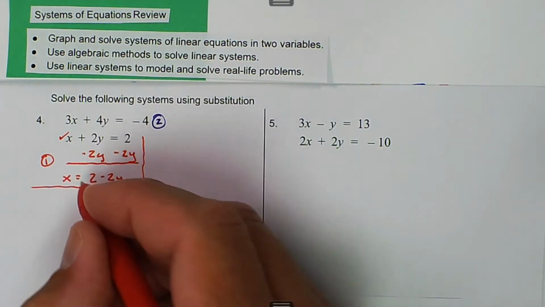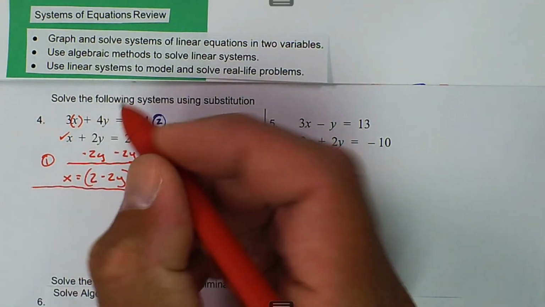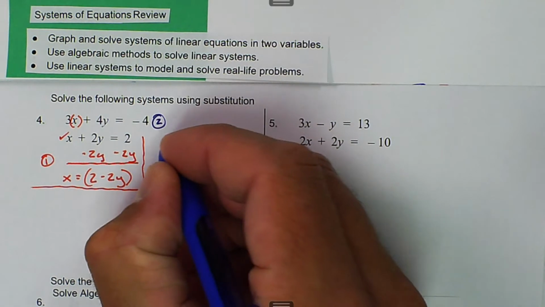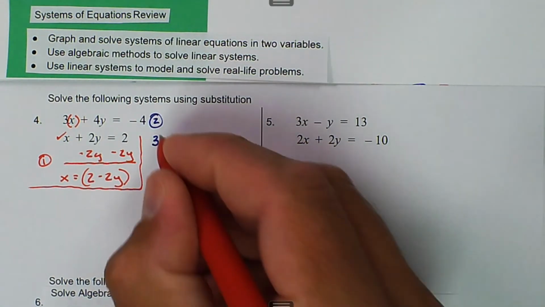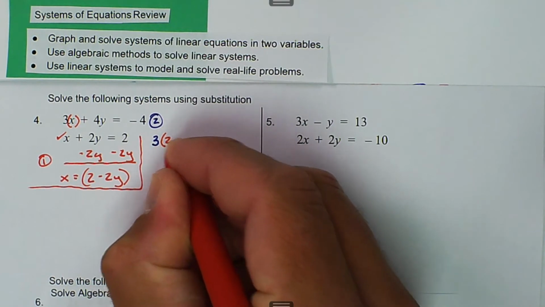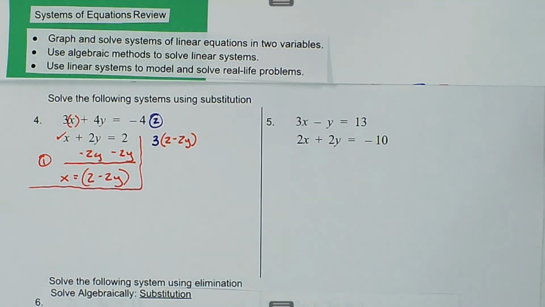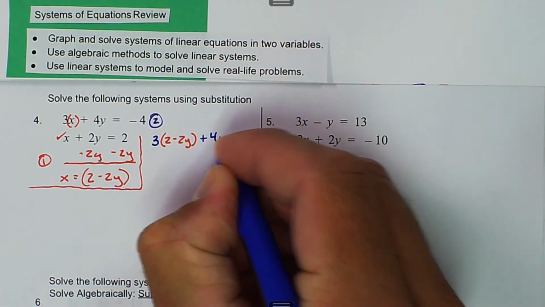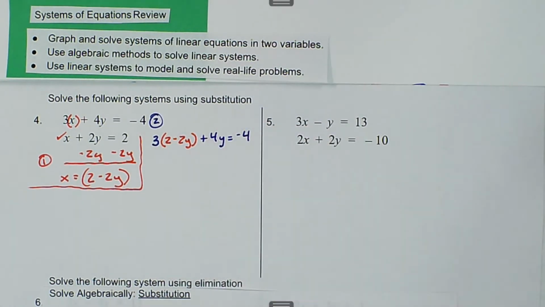So I'm going to take this 2 minus 2y, and I'm going to substitute it in for x. So 3, and now I'm going to just change my pen for this step here to really illustrate where that x went to. And then we want to write plus 4y equals negative 4.